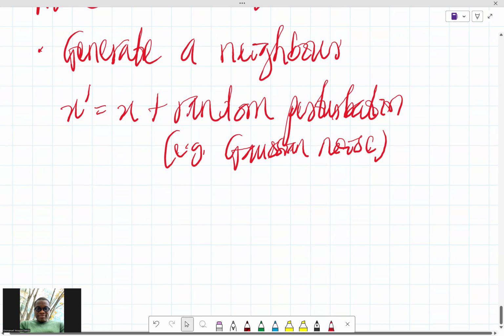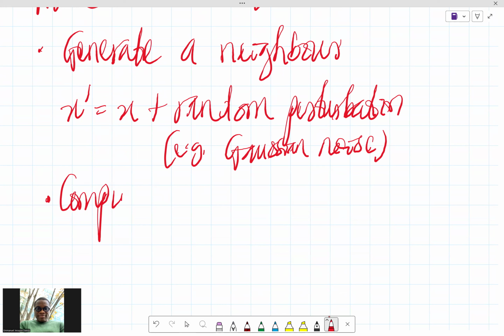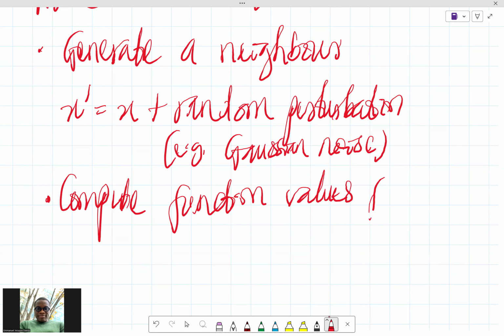Let me just go on with this. After generating a neighbor, you compute function values f of x and f of x prime. I'm just writing this out because I'm going to use Python to do this, since we've done a bit of this before.